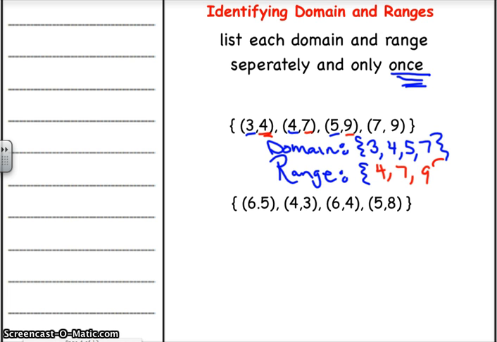I don't repeat it. So my domain is 3, 4, 5, and 7. And my range is 4, 7, and 9. Domain x, range y. This is a comma here. Okay, I want you to identify the domain and identify the range for this next relationship.